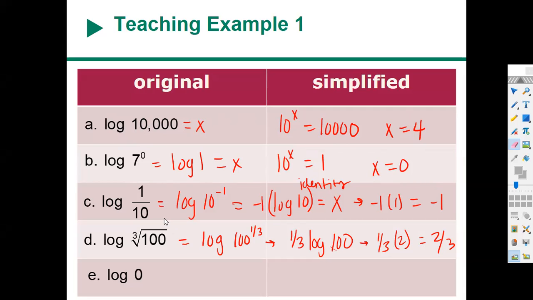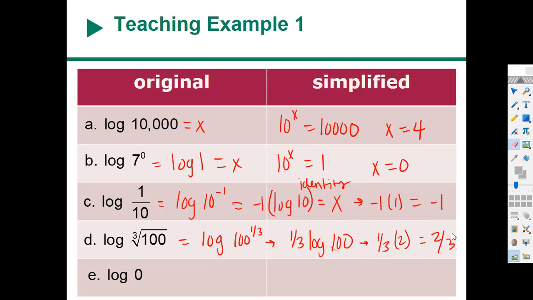Here we were asking 10 to the -1, so it's just going to be -1 times 1, because log base 10 of 10 is 1. That's why it's called the identity. Same thing here, 10 to what power gives me 100? You would say 2, and 2 times 1/3 is 2/3.